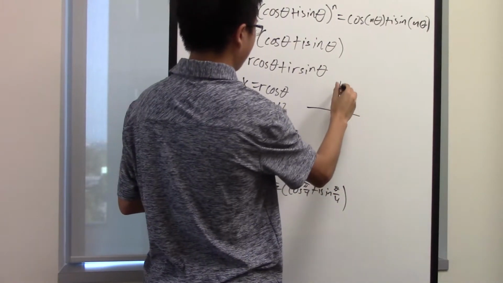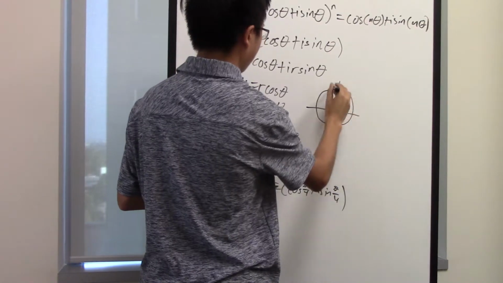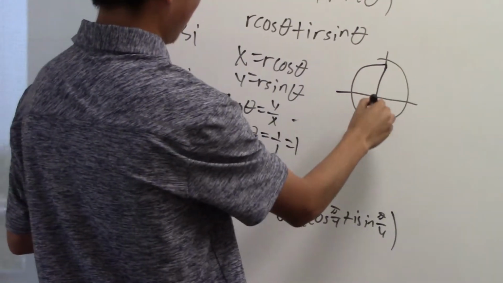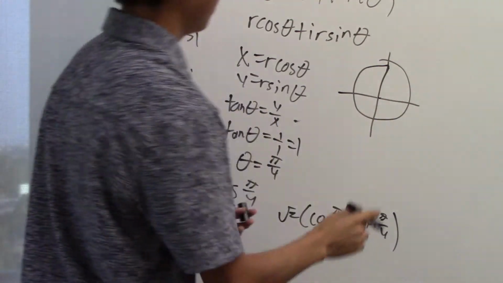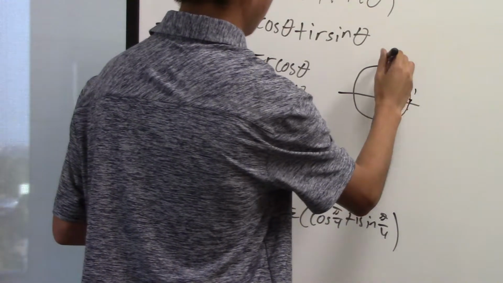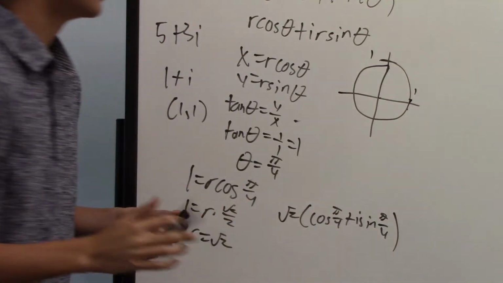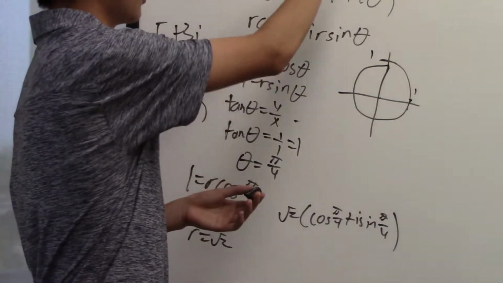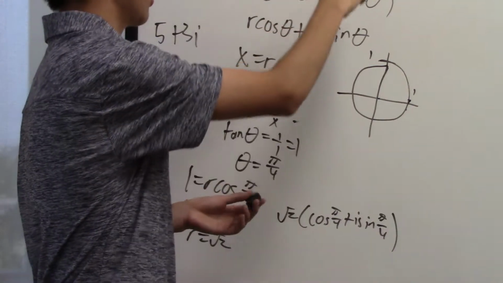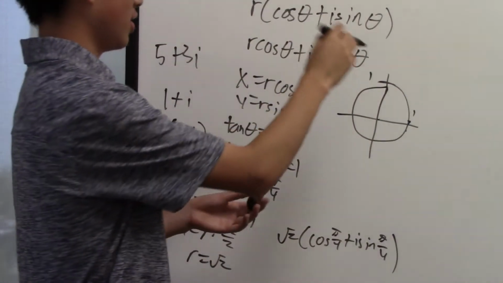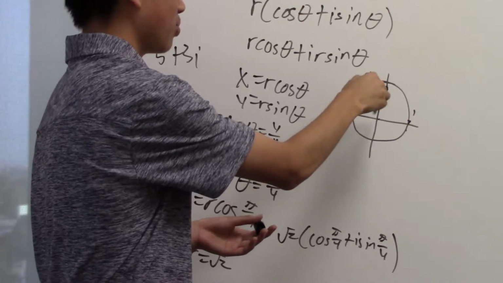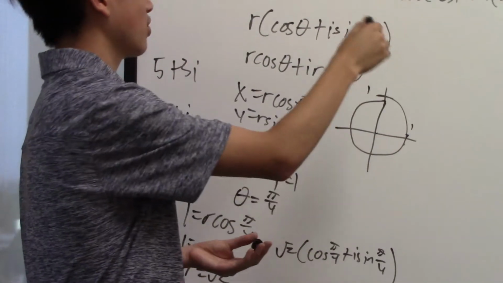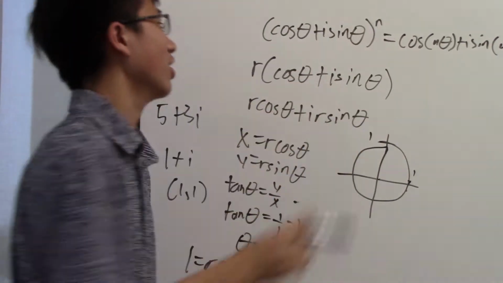Well, that's just basically the unit circle, since this is the set of all points with radius 1 from the origin. So yeah, the left side of this formula is any point along this circle, so any complex number with the radius of 1 taken to the n power.